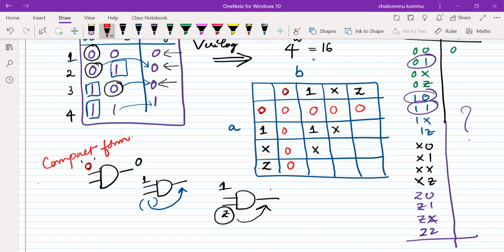So this value becomes unknown only, X. Similarly, for every combination other than 0 and 1, everything will be unknown values only.